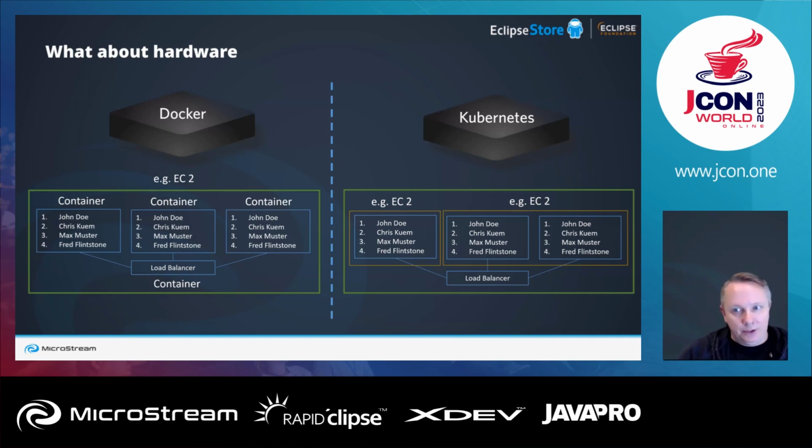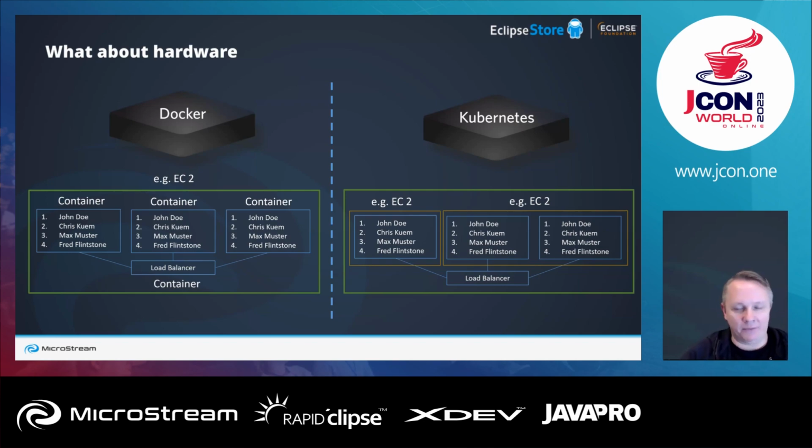And there is another very important point on these two systems: only Kubernetes is able to scale in a dynamic way. Whenever you need more containers and more load balancers, and a system that decides you need a new server because all the other three are totally full of concurrent users or concurrent accesses, then Kubernetes is able to create a fourth one and load new EC2 instances in the background as a hardware resource.